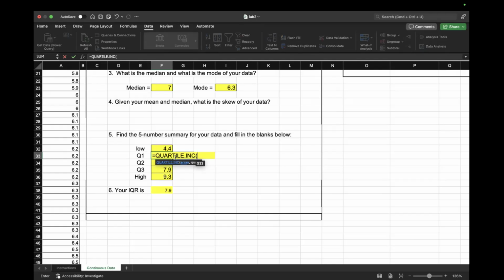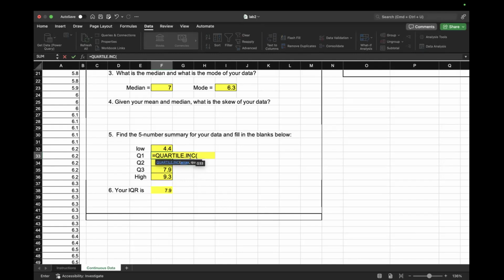Remember what we were talking about if Q1 and Q3 were part of the 25%? Excel makes that distinction. So EXC means excluding the Q1 endpoint, and INC means including it. It doesn't matter. You're actually going to get the same number either way.